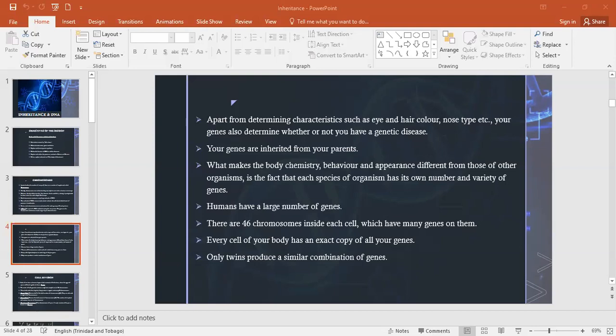So then, if a diploid cell in a dog has 38 chromosomes, how much would a haploid cell be?